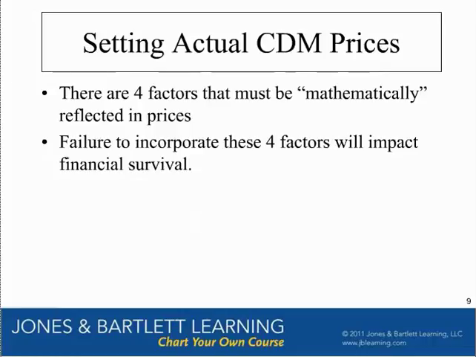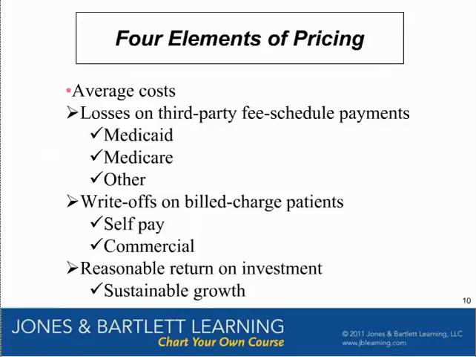Setting the prices. It talks about here that the failure to incorporate the four factors will make a difference whether you can survive or not. So let's look at the four factors. One, average costs. We need to know what our costs are.